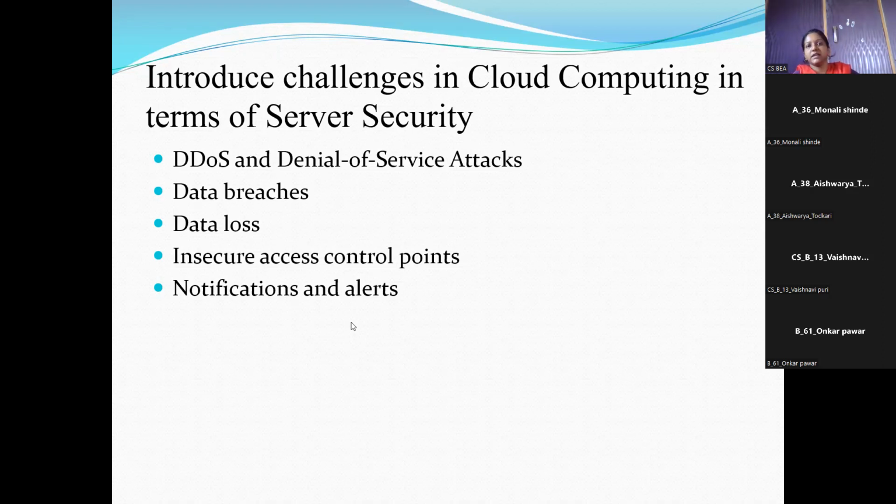Whatever data is on your cloud, you want to save it from unauthorized access. So what are the different challenges for that? The first one is DDoS, that is, the distributed denial of service attack.